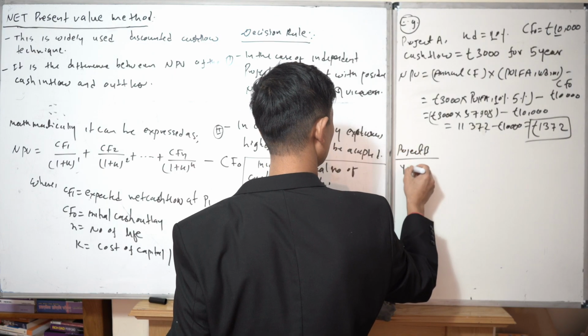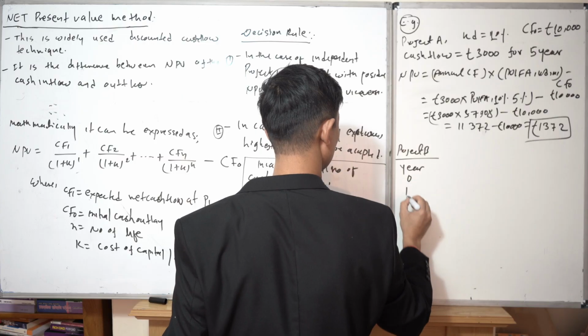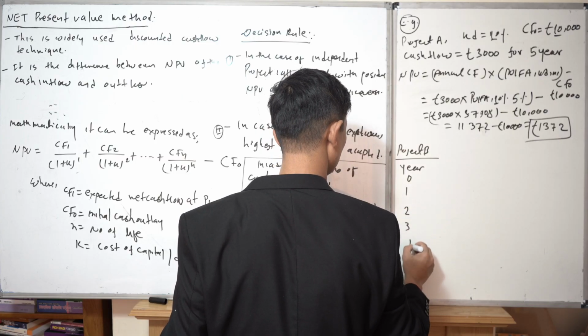We know that the cash flow for project B is for years 1, 2, 3, 4, 5.